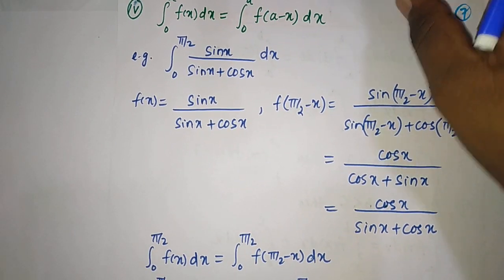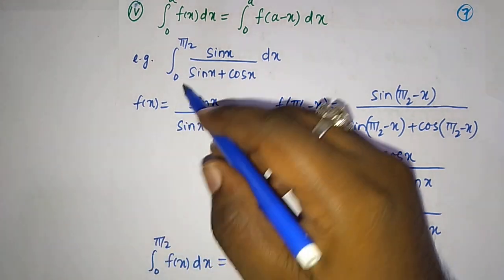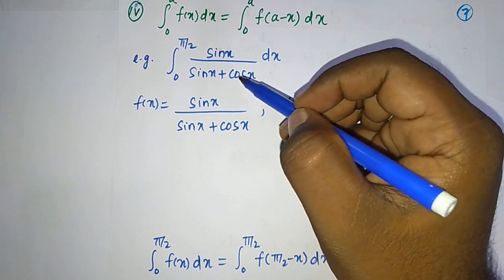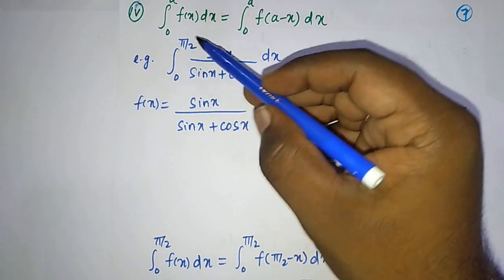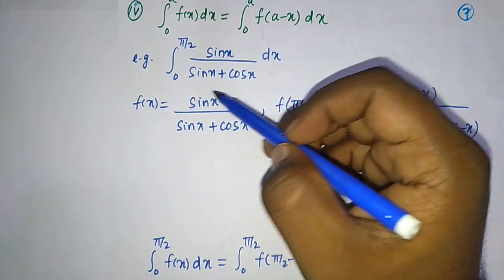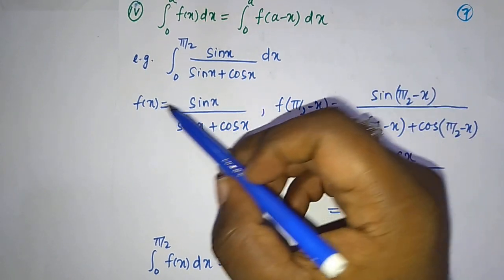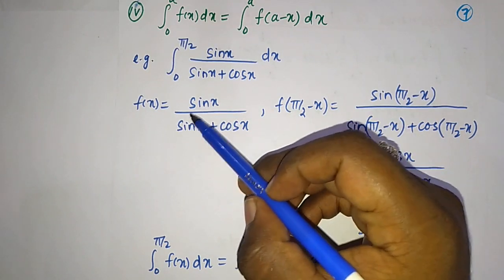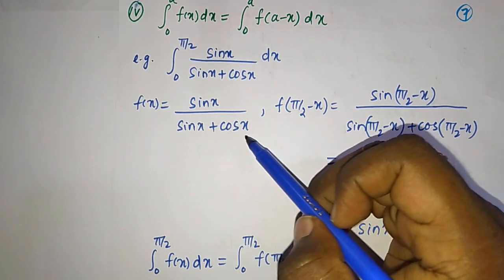First example, here you have to integrate sin x by sin x plus cos x from 0 to pi by 2. So here f of x is sin x by sin x plus cos x.